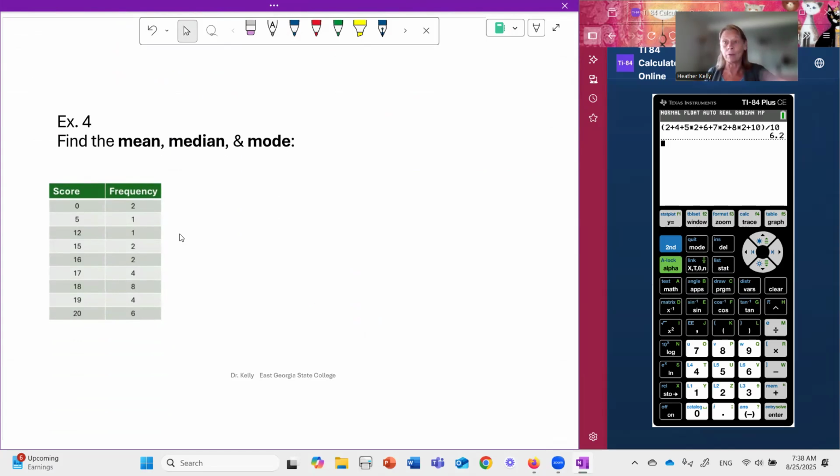I did not give you nice, pretty frequency tables in your homework, okay? And you won't have nice, pretty frequency tables on your exam for this unit. You will have to be able to handle, organize the data, and get it all put together. That's part of it.